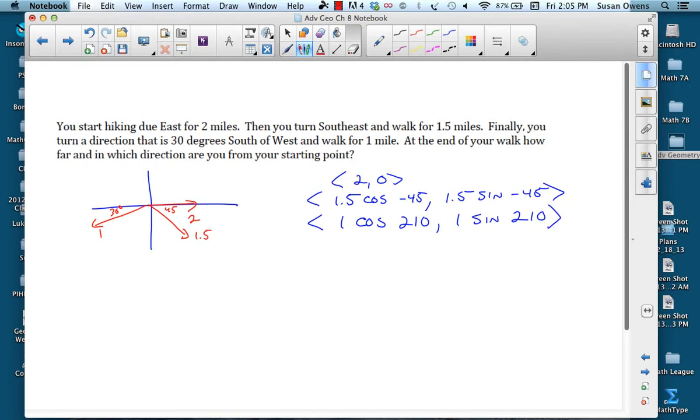The second one, if you wanted to do a positive angle, it would be 315, right? Because 45 minus 360 would be 315. That'll also work. Okay, take a second. Find all of those in component form. I would round to 2 decimal points when you do this. First one I did, give me the second and the third.